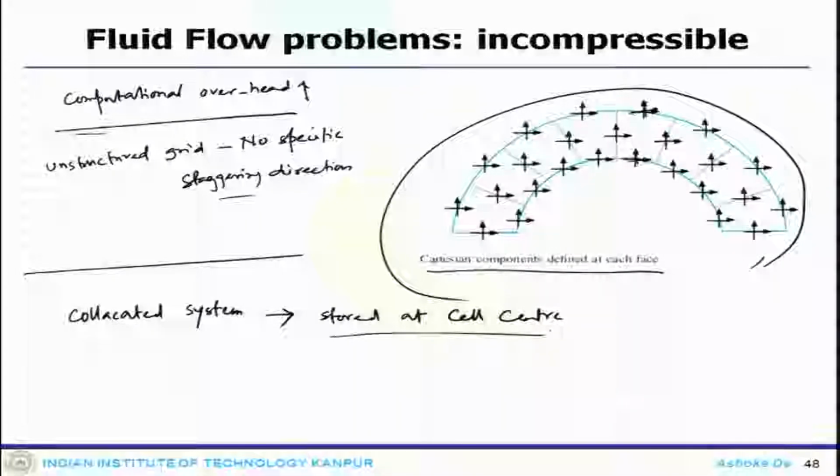But one can note that while the velocity components are stored at the centroids of the elements, as is the case for pressure or any other variable, the mass flux or scalar flux in a collocated grid is stored at the element faces.